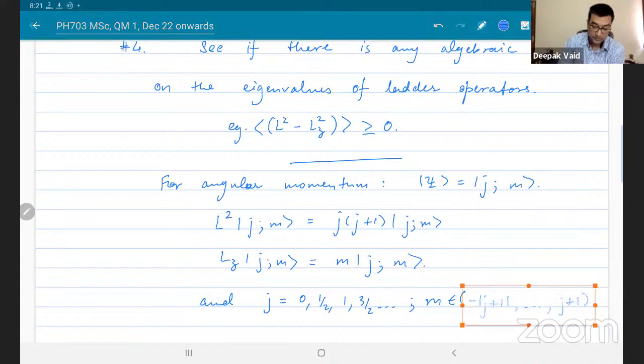No, sorry, not plus 1. What am I saying? So minus j plus 1, dot dot to j minus 1 to j. So how many such eigenvalues are there? If you count the number of m, it is 2j plus 1.